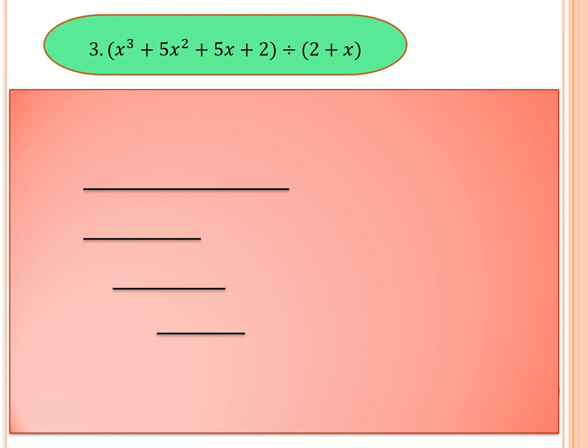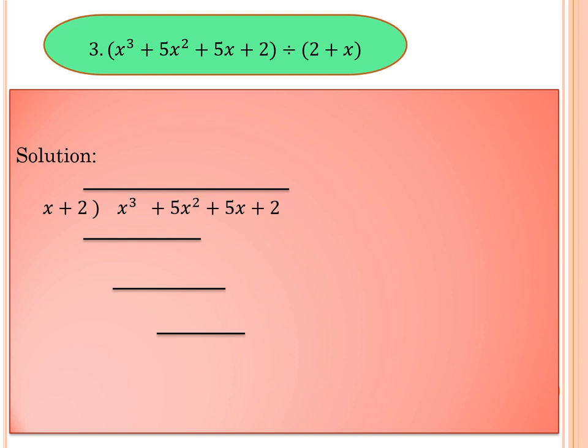For our third example, given this expression, to solve this one, first, we're going to arrange the terms of our dividend into descending powers. So, napapansin natin, si x cubed plus 5x squared plus 5x plus 2. So, yung variable x natin is of descending order.